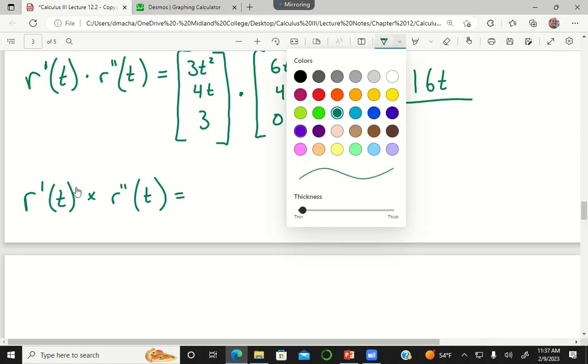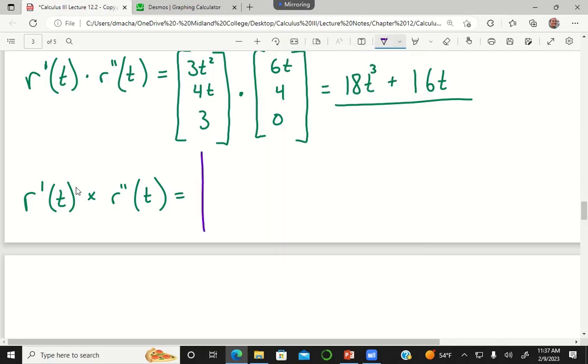Okay. Now the cross product is going to be the determinant of this matrix right here, where in the second row I'm going to have 3t squared, 4t, and 3. And then the third row I get 6t, 4, and 0.